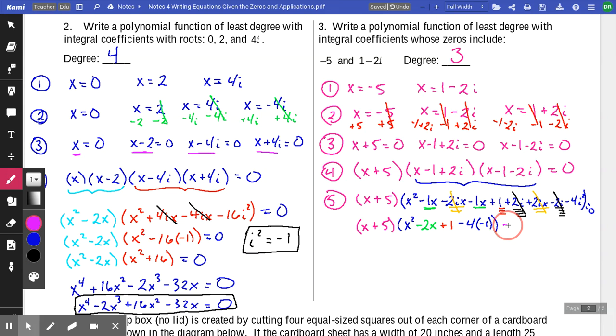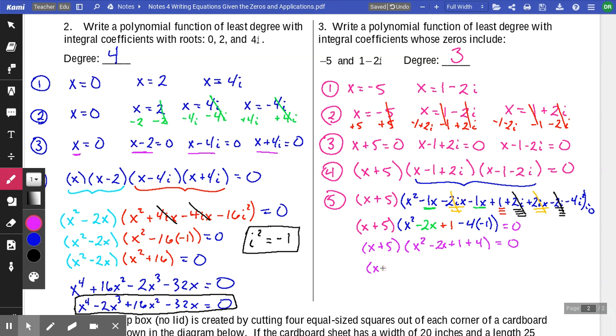What happens in this second set of parentheses is we have a little more simplifying. So we have x plus 5, and then we have x squared minus 2x plus 1, but negative 4 times negative 1 is plus 4, equals 0.